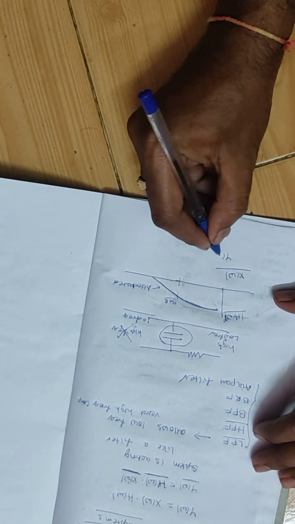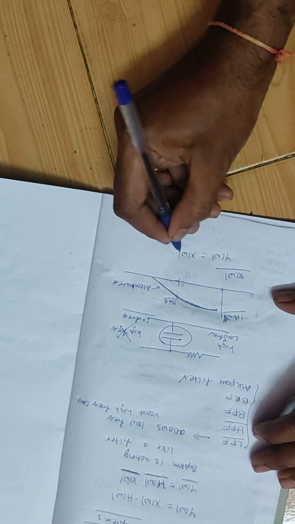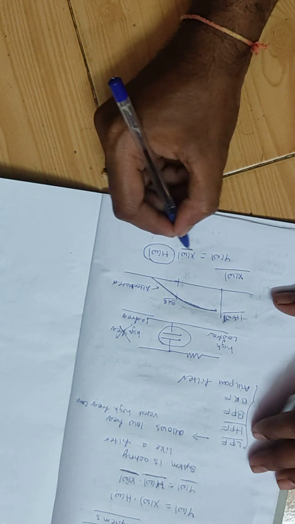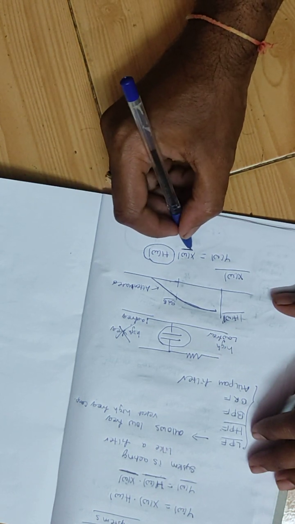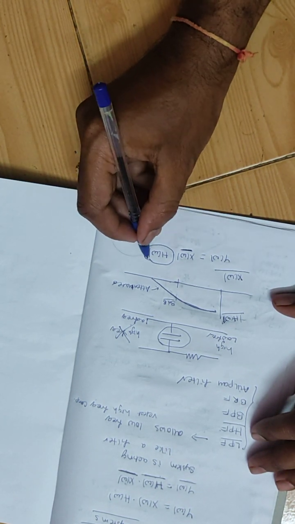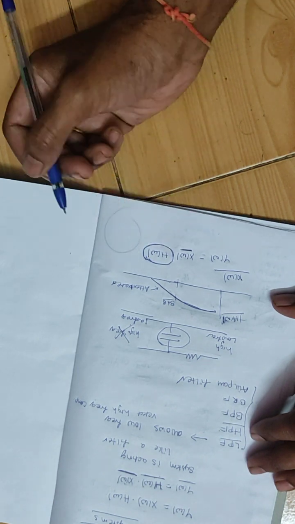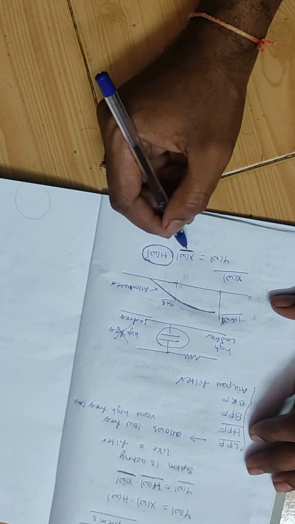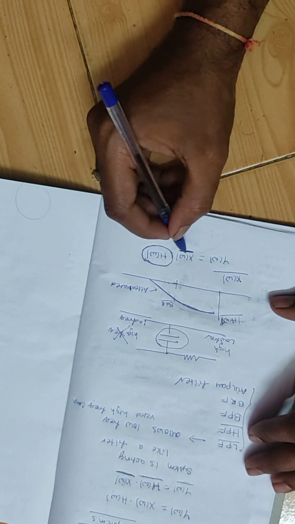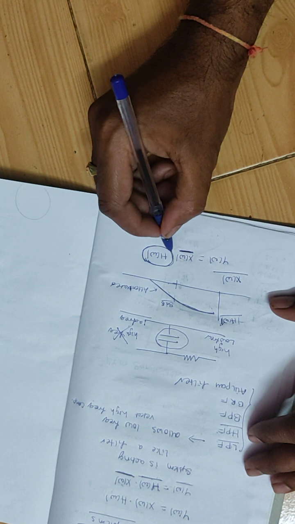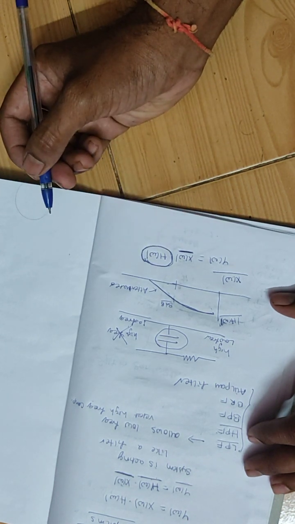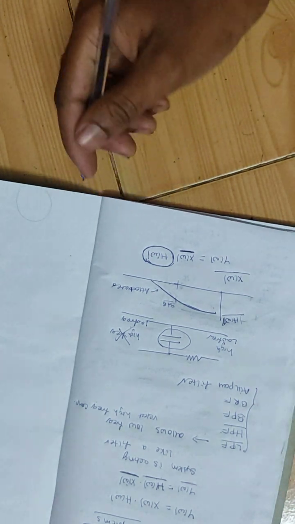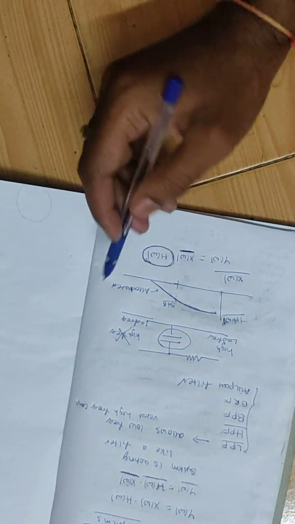Why? Because Y of omega is equal to X of omega into H of omega. The frequency domain representation of X of omega will be multiplied with this frequency response. So this is all about the low pass filter.